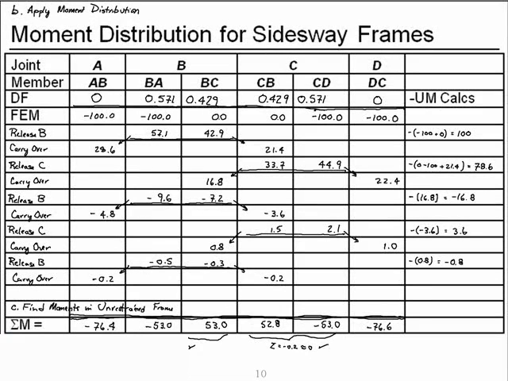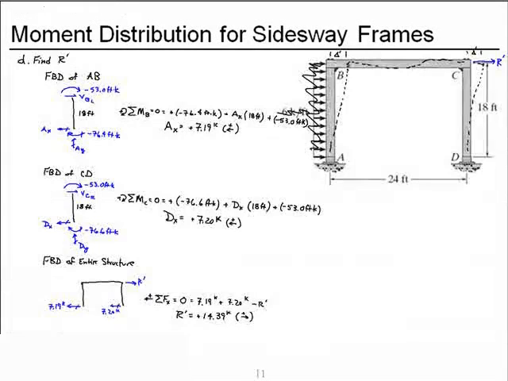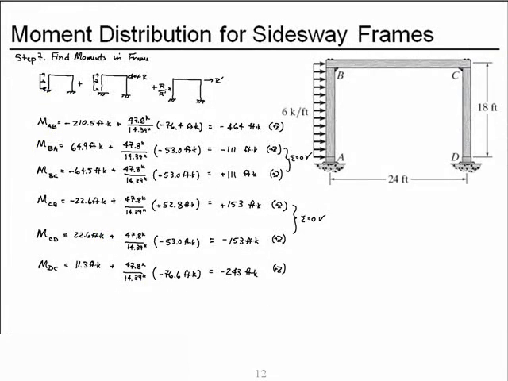We then found the moments in the unrestrained frame by adding up the information in each column, and used that coupled with equilibrium to find R prime. To find the moments in the original frame, we then superimposed the results from the two analyses using the ratio of R over R prime to modify the results of the unrestrained frame.